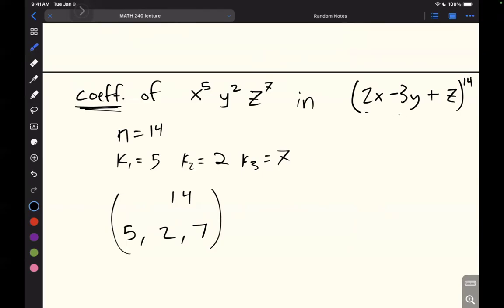These aren't just like A, B, and C, though. Do we need to do anything? Because these numbers have, well, z has a coefficient of 1. Do we think we need to do anything? The answer is yes, we do have to do something.